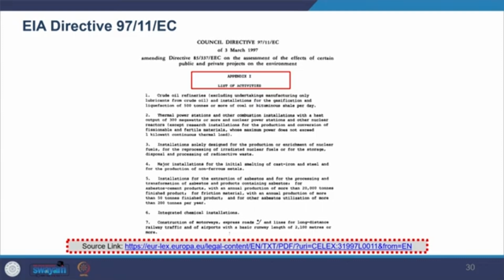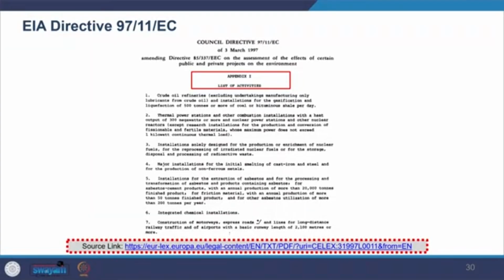It increased the type of projects covered. We had seen very briefly how we do screening, and in that screening, what projects would come and what would not come. Because of this particular convention, the types of projects covered would also be added to the list, and so would the number of projects requiring mandatory EIA.